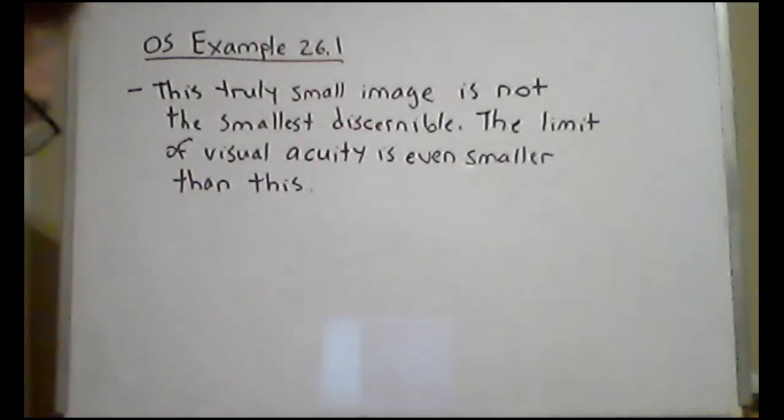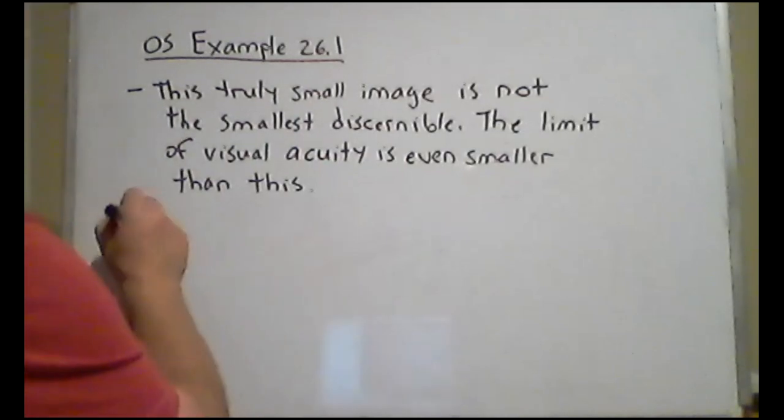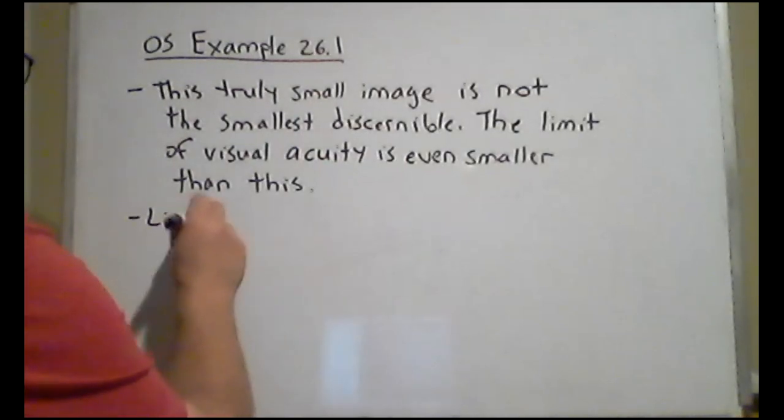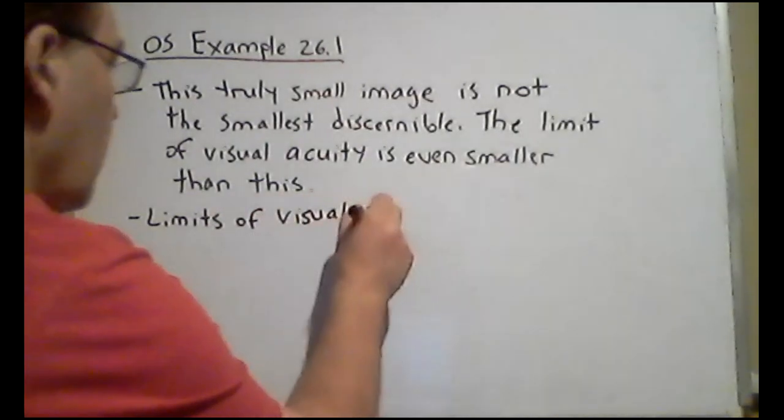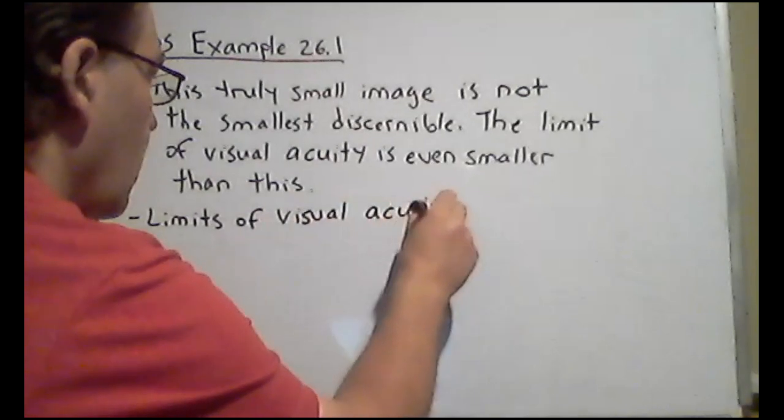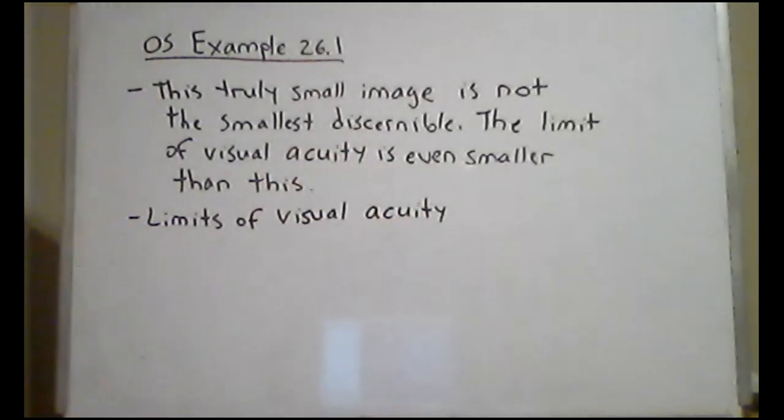So we really get down to it, the limits of visual acuity. Let's remind ourselves what we just saw here. We're looking at human hair that's on the order of about 4 microns. Now, the wavelength of light is on the order of 0.3 to 0.7 microns.